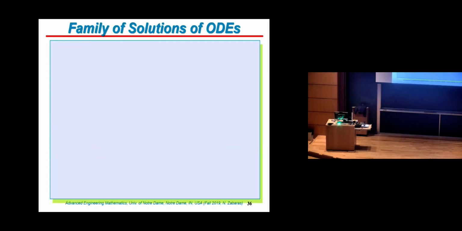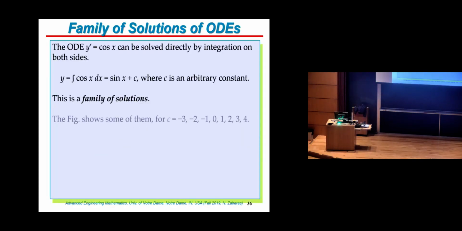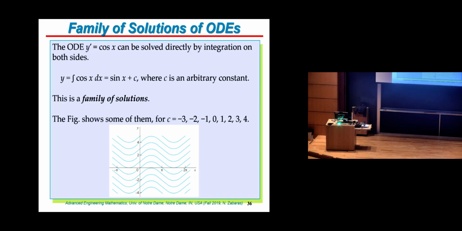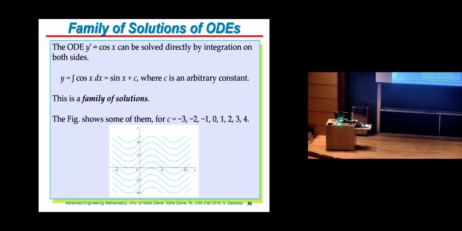So we discussed solutions of ODEs. If you take this, what's the solution of y prime equal to cosine of x? You can integrate and tell me directly: what's the integral of cosine of x? Sine of x plus a constant.